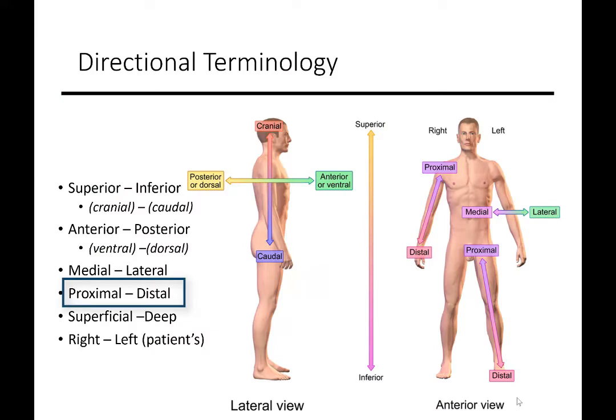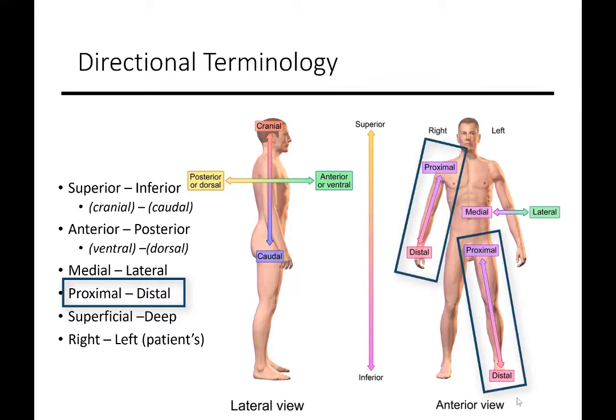Proximal and distal refer more to your limbs outside of your torso, to the legs and to the arms. You would say the elbow is proximal to the wrist. Proximal means closer to the torso. Distal means farther away from the torso. So the elbow is proximal to the wrist.